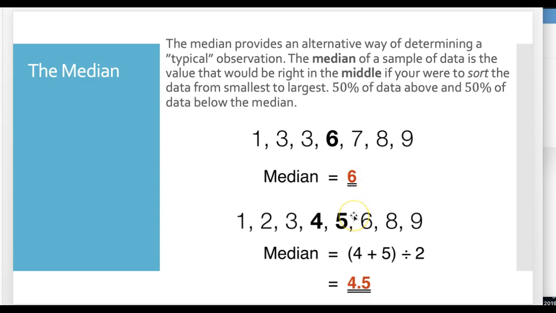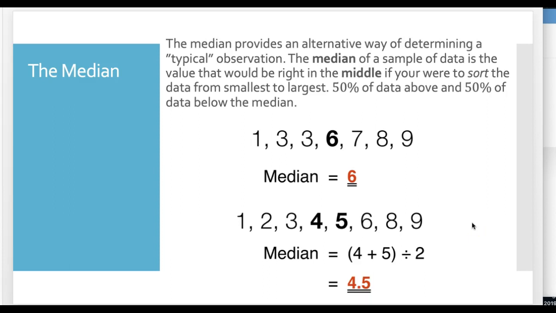Now, in another case, for the median, you see here we're taking the average of two numbers. We're adding these up and dividing by 2. We do this when the number of observations is even. So for example, we have 1, 2, 3, 4, 5, 6, 7, 8 observations. So it's an even number.